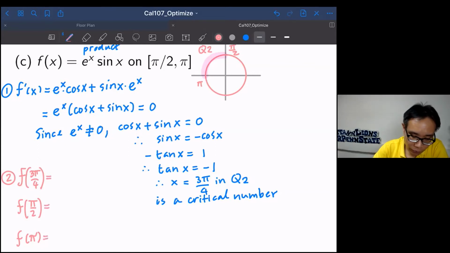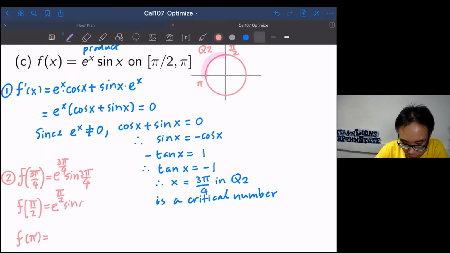So f 3 pi over 4, you plug into the original function. Okay, so you plug into the original function, you get e to the 3 pi over 4 sine 3 pi over 4, and f pi over 2, so it's going to be e to the pi over 2 sine pi over 2, and the last one is e to the pi sine pi.